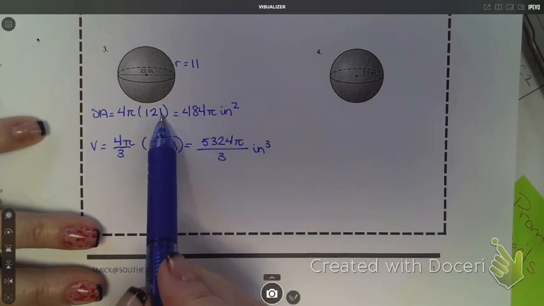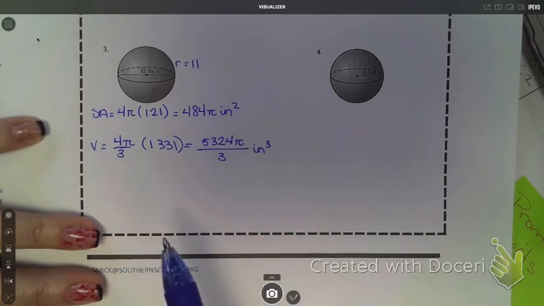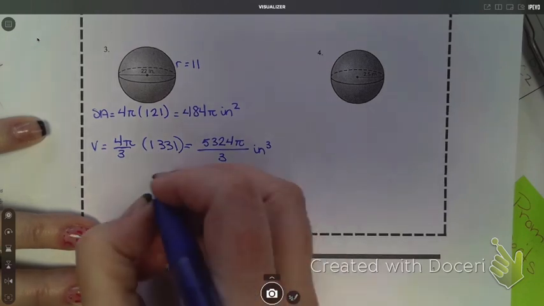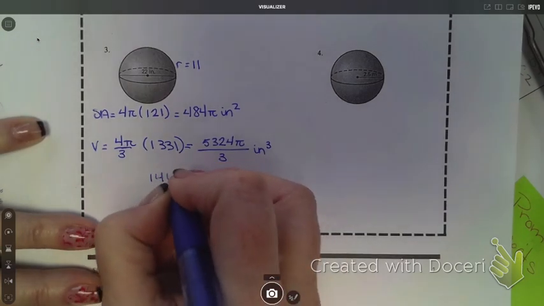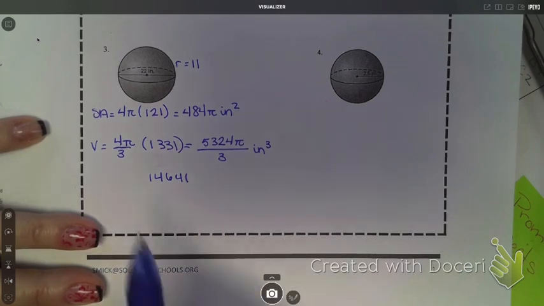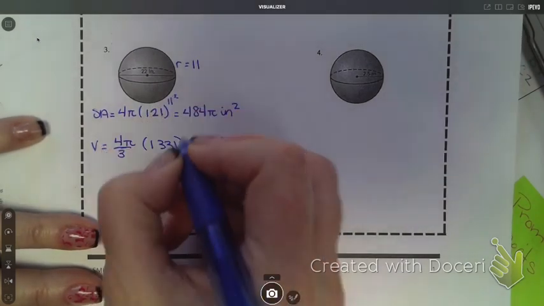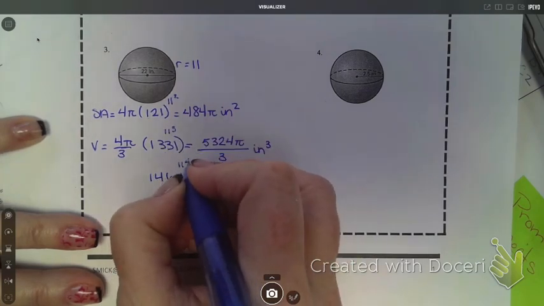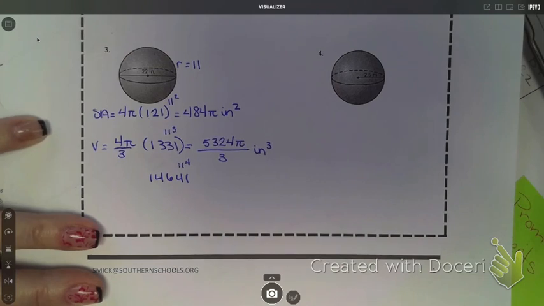Now, this is an easy way. 11 squared is 121, right? I just told you 11 cubed is 1,331. 11 to the 4th is 14,641. Is that kind of interesting? This is 11 squared. This is 11 cubed. And this is 11 to the 4th. But 11 to the 5th doesn't work.